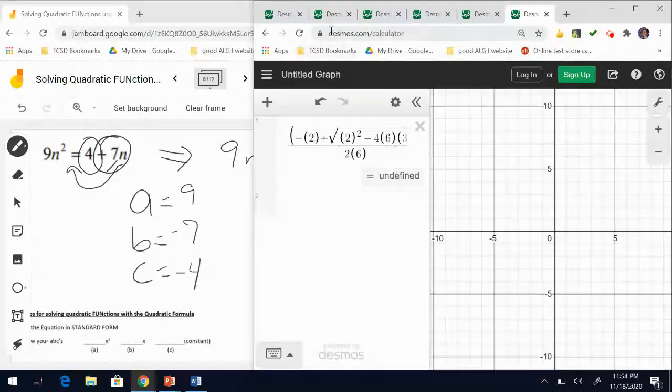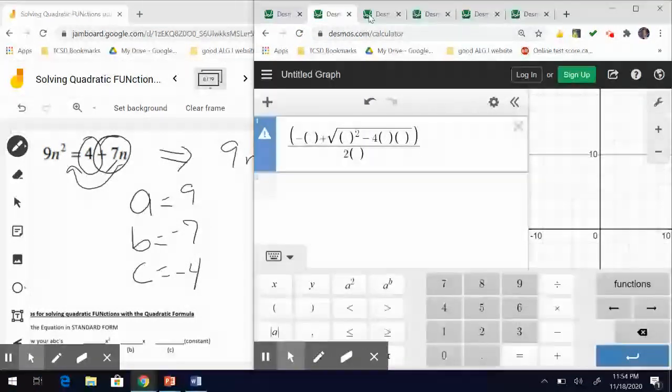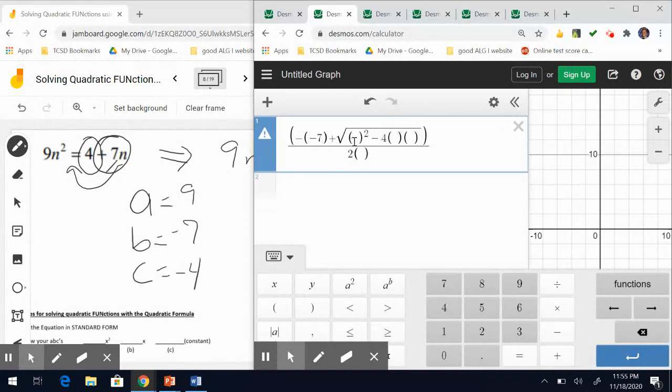Let's see if I snuck this one over here. My B value is negative 7, so I think I've already done this. Did I do this yet? No. However, I put these in. So my B value goes here, which was negative 7. Hold on one second. I'm going to copy this just to save me some time.